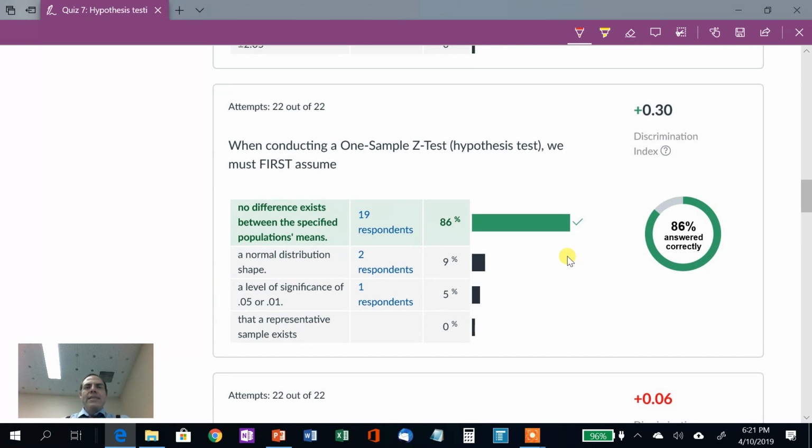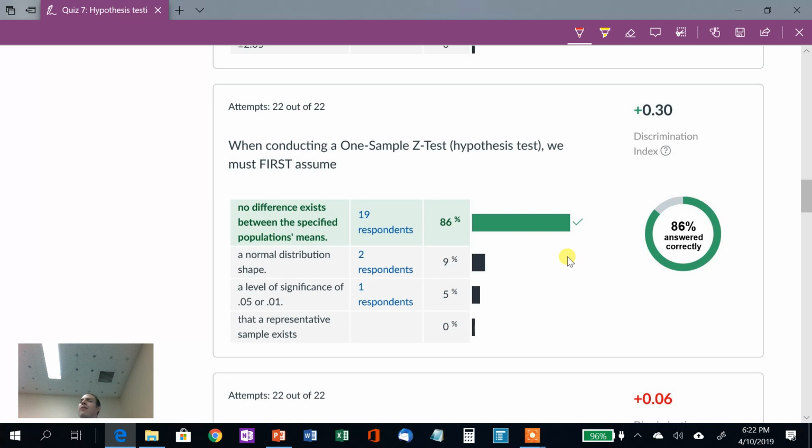When conducting a one-sample z-test hypothesis test, we must first assume no difference exists between the specified population's means. So that's a basic assumption of any hypothesis test that you're going to conduct, that you always assume there's no difference. Whatever you're comparing, either a sample against the population, or, in today's lecture, 2 samples.